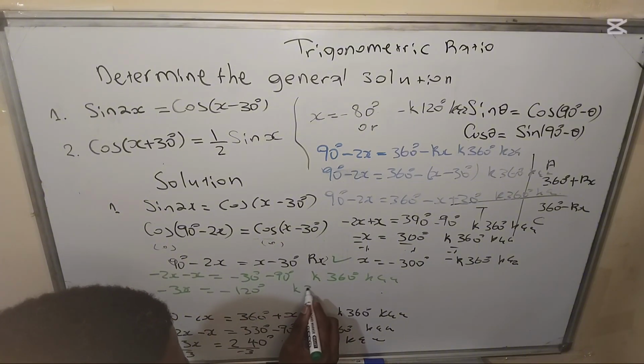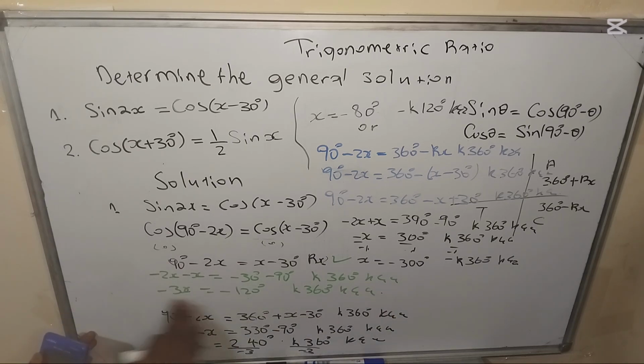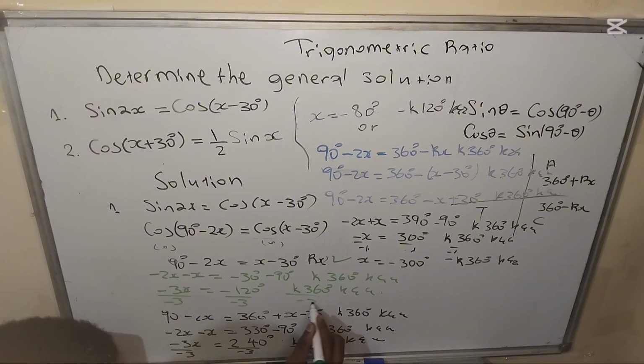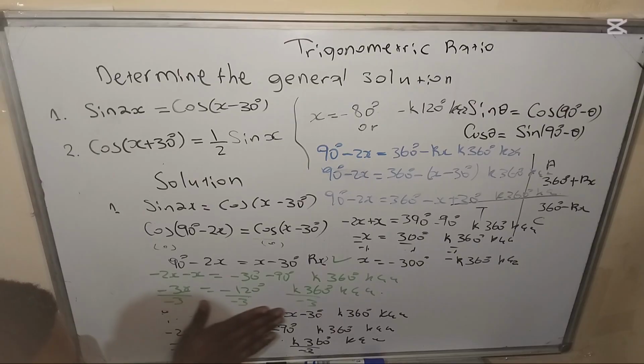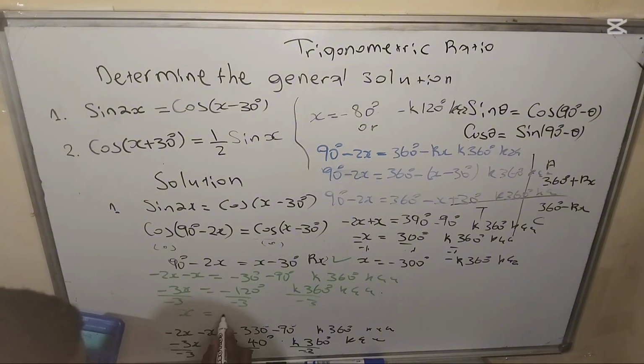K, 360 degrees. K is an element of Z. Then divide the whole equation by negative 3. Therefore, our x is equal to negative 120 degrees divided by negative 3, which is equal to 40 degrees.